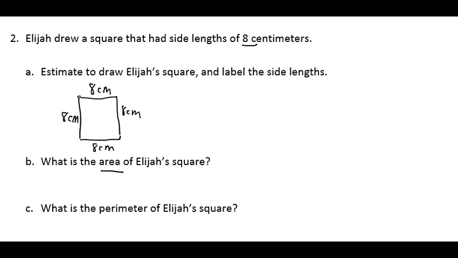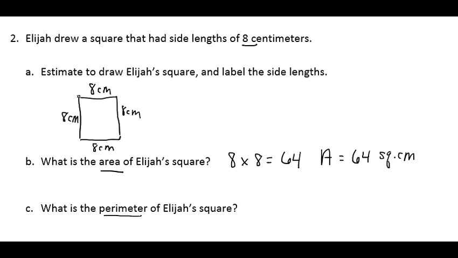The next question says, what is the area of Elijah's square, meaning how many square units make up the entire square? And to find area, we take length times width, which would be 8 times 8, or 64. So the area is 64 square centimeters.